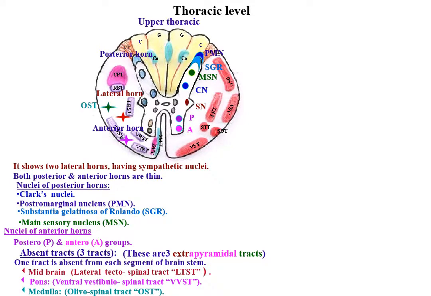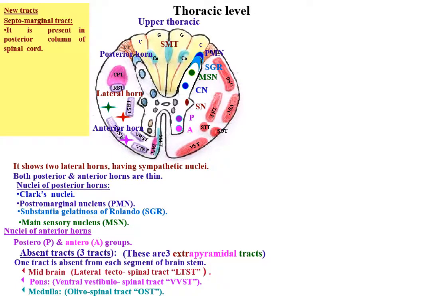Upper thoracic level is also characterized by the presence of septomarginal tract, which is a descending tract present in the dorsal column. Septomarginal tract is short, descending branches from the gracile tract, lower half of the body, to the anterior horn cells of all thoracic, lumbar, and sacral regions.